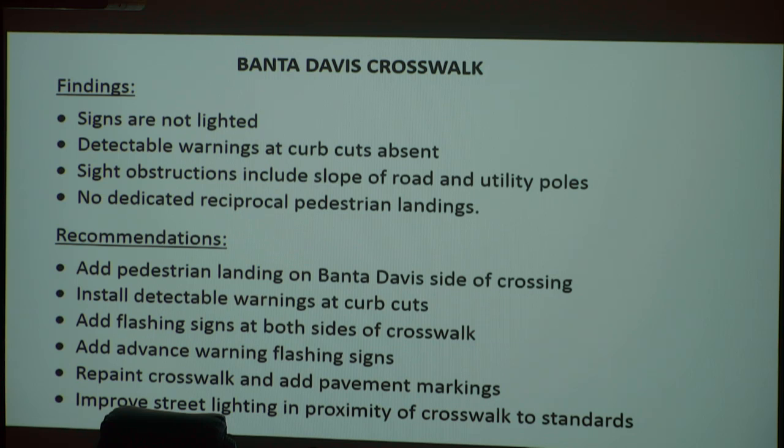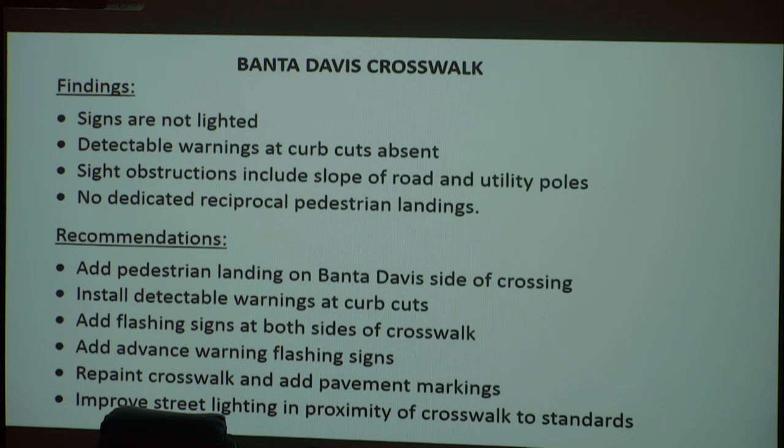The yield to the pedestrian signage is really not in the right place. So the signs themselves are not lighted at Banta. There's no detectable warnings. There's side obstruction due to the utility poles and the slope of the road. And there's no landing for pedestrians, and that's particularly difficult on the Banta Davis side.